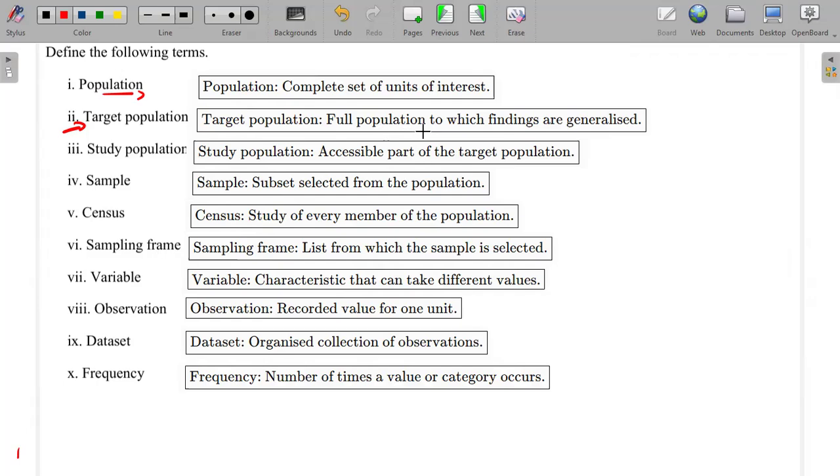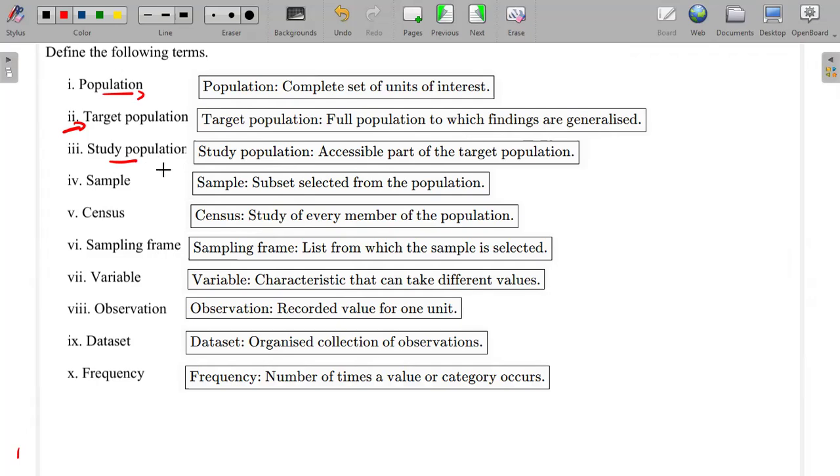Remember when you're doing statistics, you identify a population, then from that population you get a sample, then you carry out your calculation and the like, and then once you have information about that sample, you're going to generalize it to a particular population. So that population where you're pointing to is what we are calling the target population. So a target population is just the full population to which the findings of the researcher are going to be generalized.